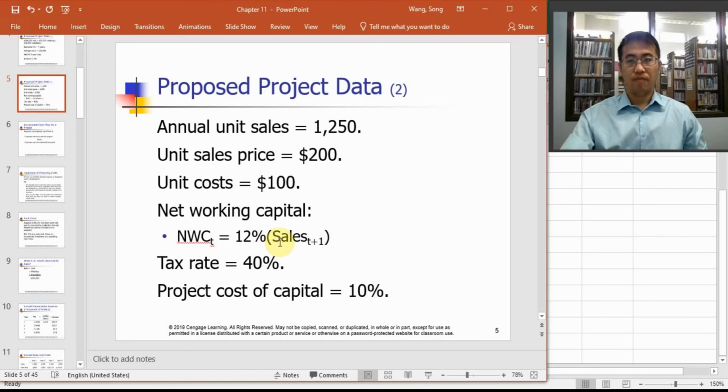And it is pretty intuitive. If you want to make some sales, making some products, so in the next period, you have to produce it beforehand, and you have to maintain that inventory beforehand. So you really need to maintain a certain level of inventory or cash, any assets related to your short-term operations. So this would fall into the category of net working capital.